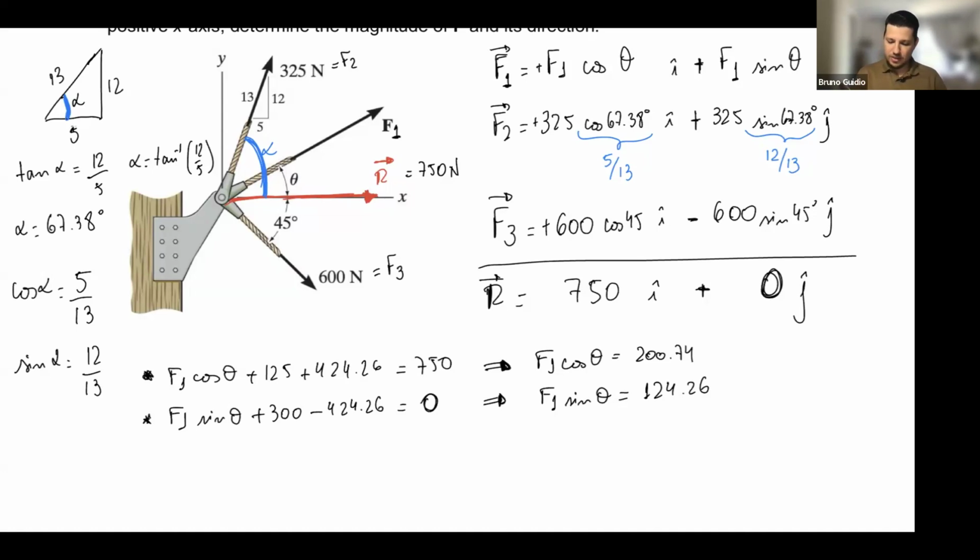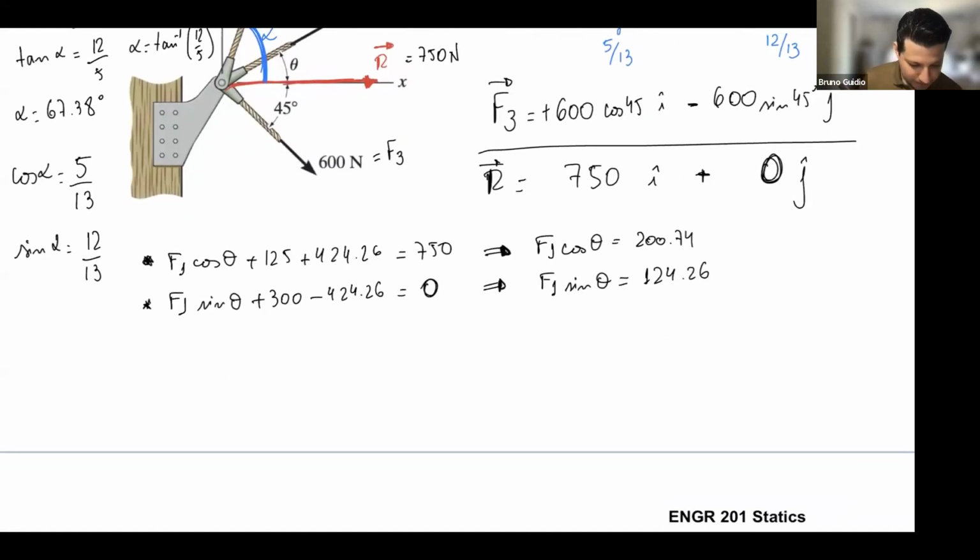Okay, so these should be the components for F1 sine and cosine. And actually, how can you find F1? Okay, let me go this way here.